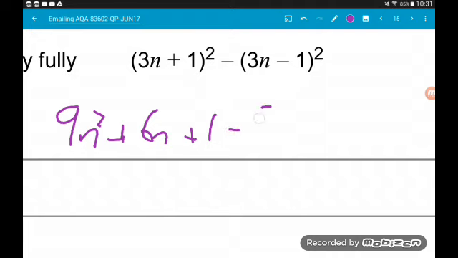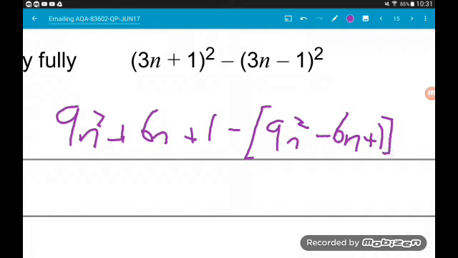Now I'm going to use brackets here. Now 3n minus 1 all squared is going to give us 9n squared minus 6n plus 1.